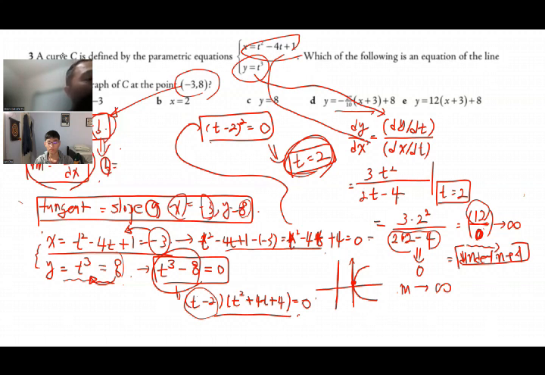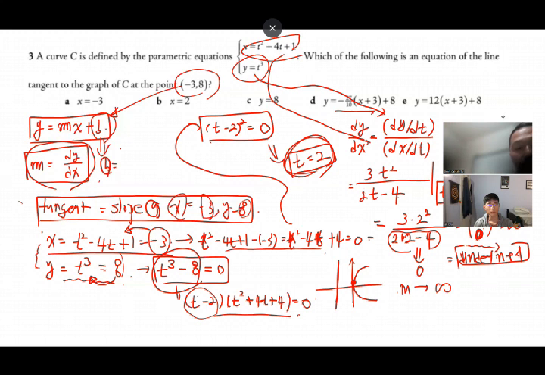Since the tangent line is vertical, you want to find the curve at minus 3, 8, right? Whatever point you choose, x and y, that point must be the same as on the tangent line.